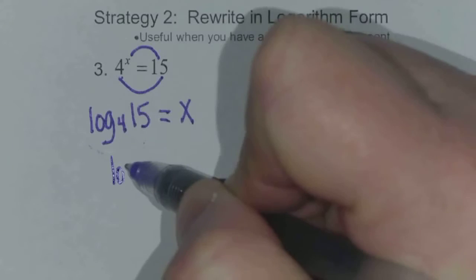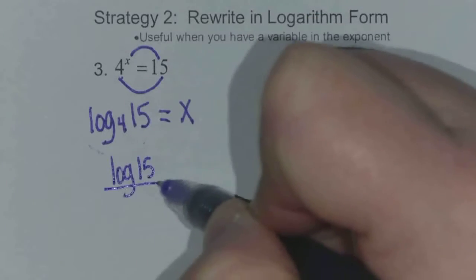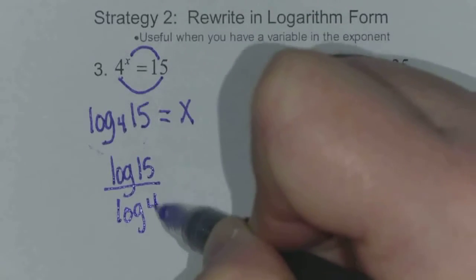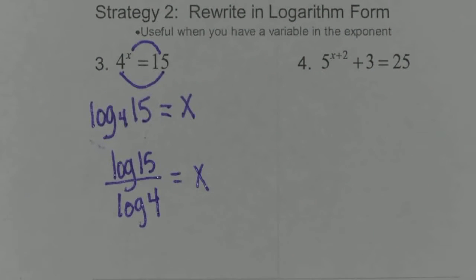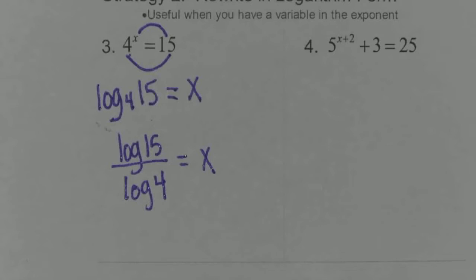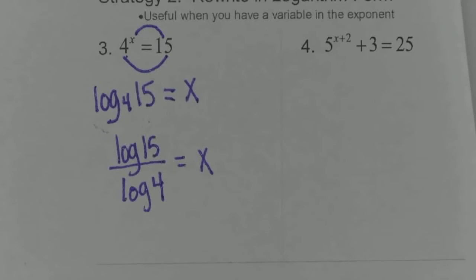So from here, I'm just going to do the log of 15 over the log of 4. We're going to punch that in our calculator, and that's going to give us our value for x. When you punch that in your calculator, use your fraction key. You guys remember me showing you how to do that?